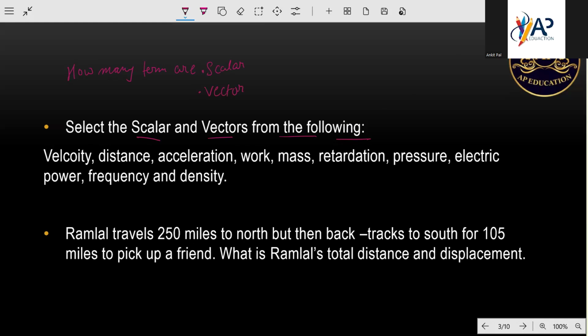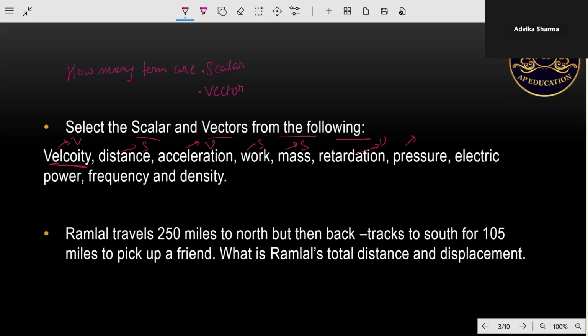Tell me. Velocity is a scalar or vector? Vector. Distance, scalar. Acceleration, vector. Work, scalar. Mass, scalar. Retardation, vector.